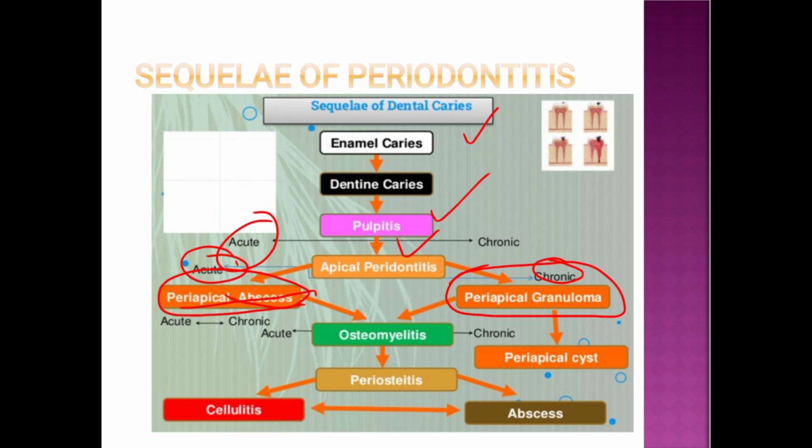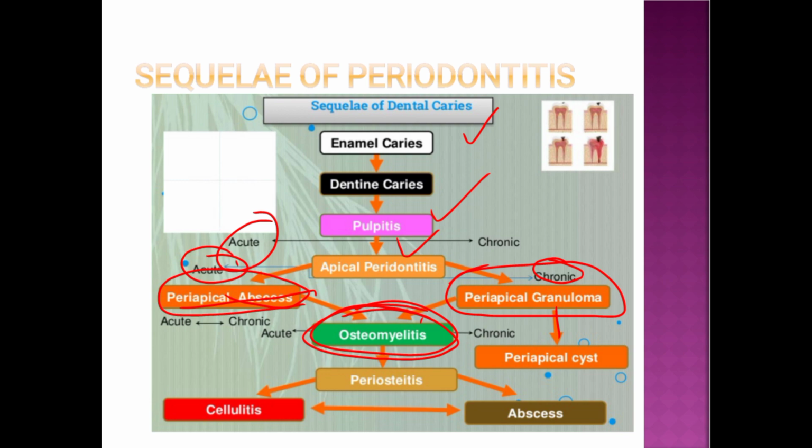Again, from the acute periapical abscess or chronic periapical granuloma, it will lead to osteomyelitis actually at the end. In chronic periapical disease, what happens? The patient can have osteomyelitis or periapical cyst.